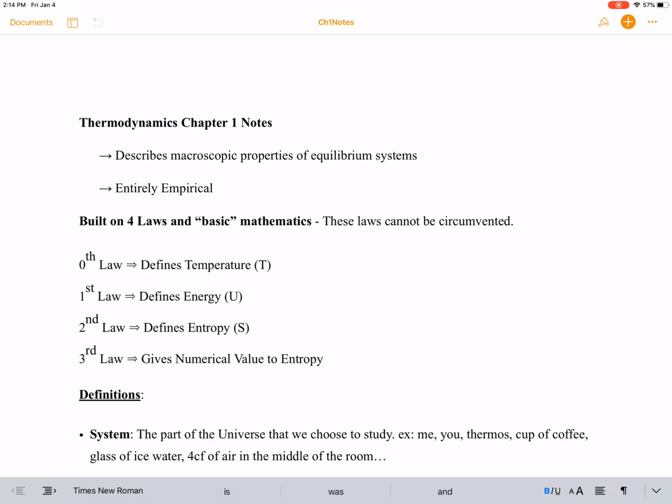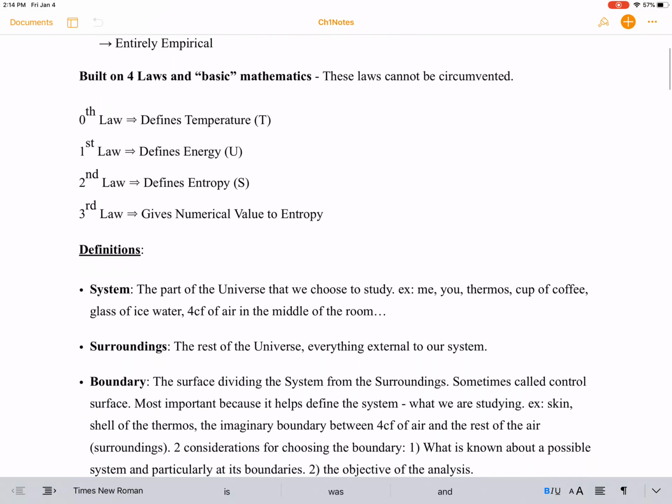And the 2nd law defines entropy, and we learn that time moves in one direction. The 3rd law gives empirical values to entropy, so it continues with entropy. We will touch on the 3rd law, but cover the 1st and 2nd laws primarily in this class.